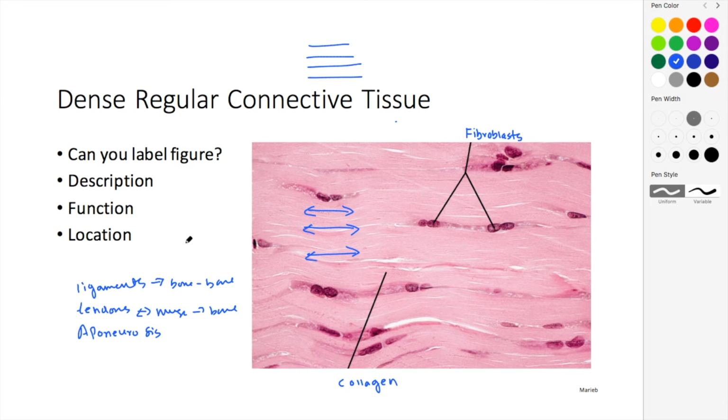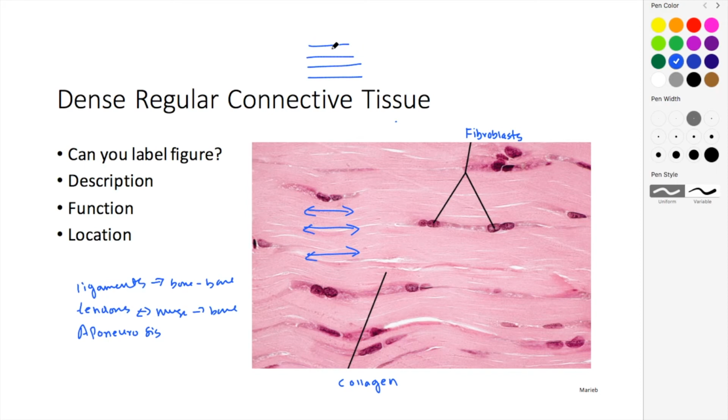The main function of the dense regular connective tissue is to support and strengthen the tissue, but only if stress comes from one direction. So if the stress is coming from this direction, it can hold that stress. If the stress is coming from another direction, it cannot, because of how its structure is arranged in a parallel direction.